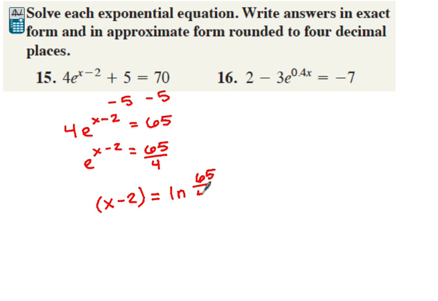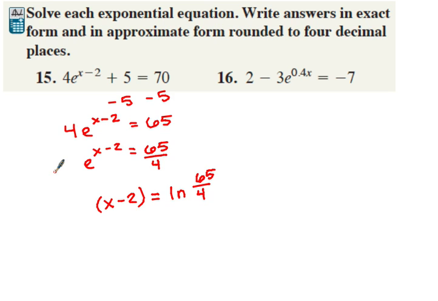Good. Okay. That conversion step is actually going to be a very important property we're going to talk about a little bit later, okay? We can actually take the natural log or the log of both sides, and it allows this property where we can actually move this exponent out in front. But we'll talk about it a little bit more later, okay?